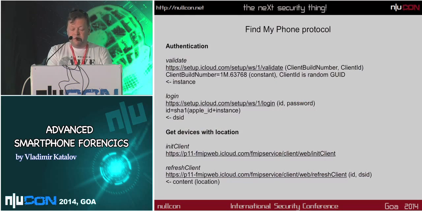Exploring the FindMyPhone protocol was much simpler because we were just capturing the traffic from iCloud.com and decrypting it by also installing the proxy, and found the simple commands to get the location. First it is validate, and then it is login using the Apple ID and password.